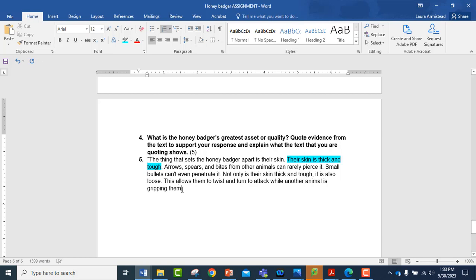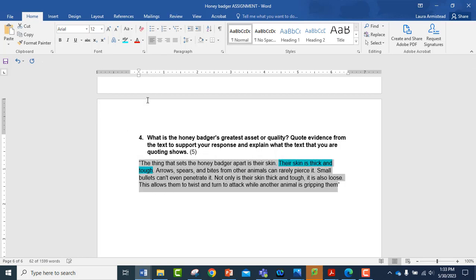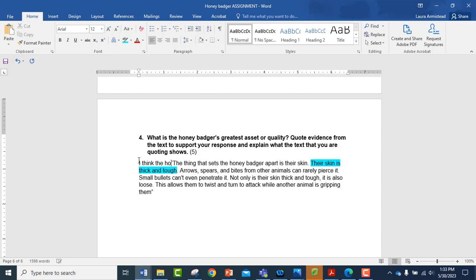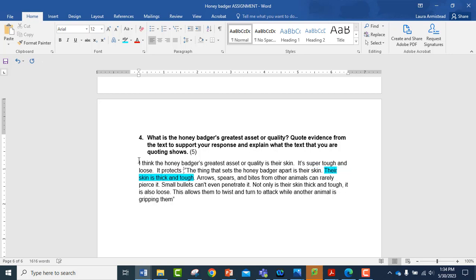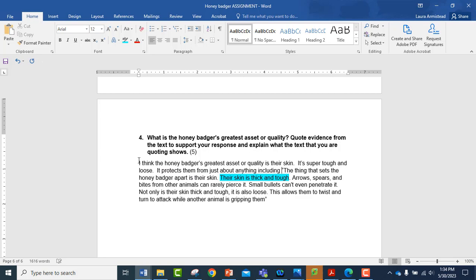And then I'm going to use the wording of the question in my answer. So I'll say, I think the honey badger's greatest asset or quality is their skin. It's super tough and loose. It protects them from just about anything, including bullets.